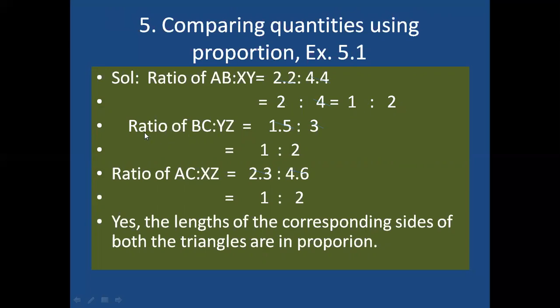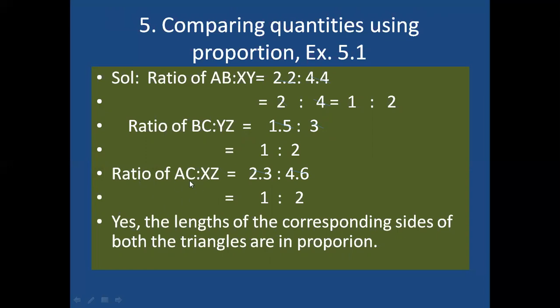Now the next one is the ratio of BC to YZ. BC is 1.5 and YZ is 3. If you multiply 1.5 with 2, you will get 3. So the simplest form of the ratio 1.5 to 3 is 1 is to 2.